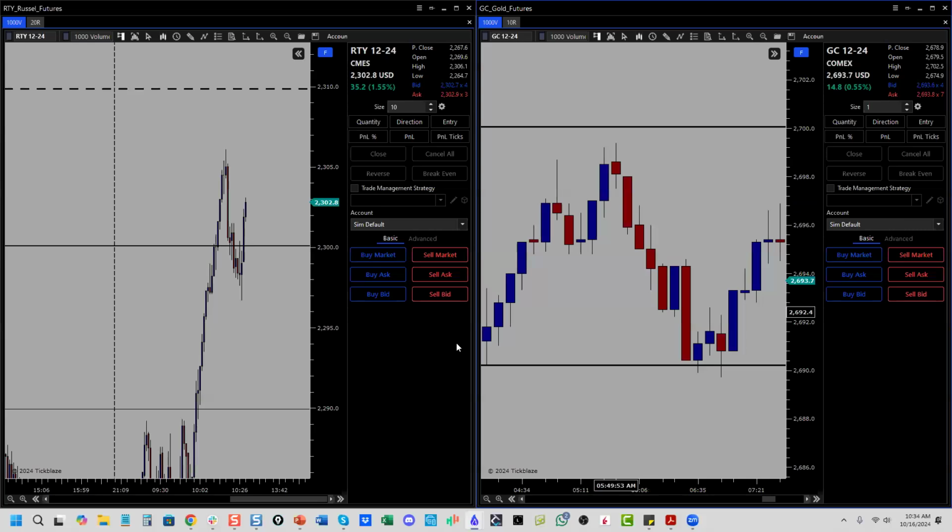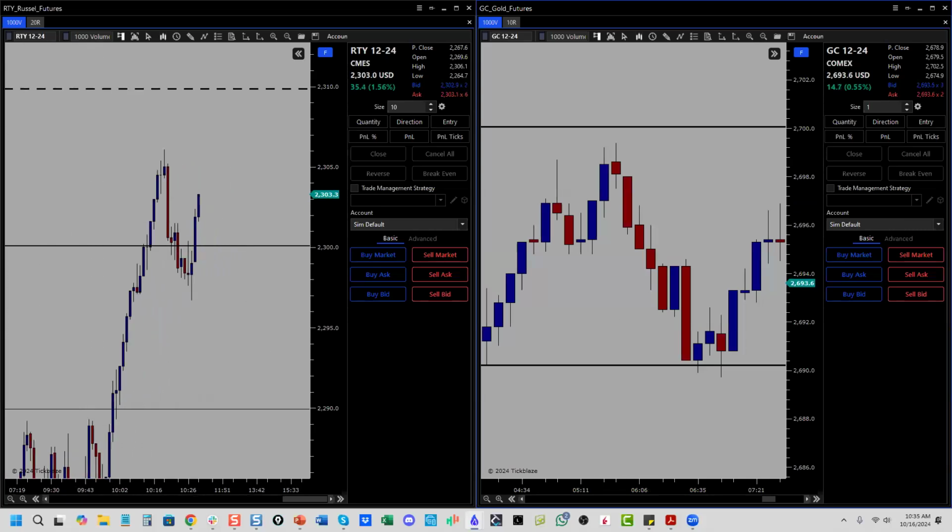What's the difference between that level and getting that bar versus that level and getting that bar? I want to see if you guys understand this. What's the difference?